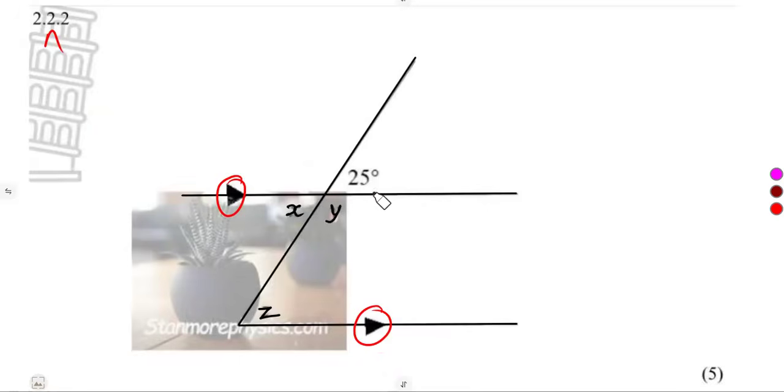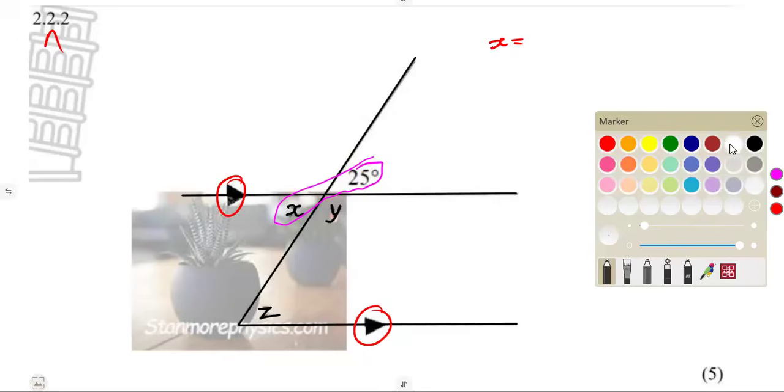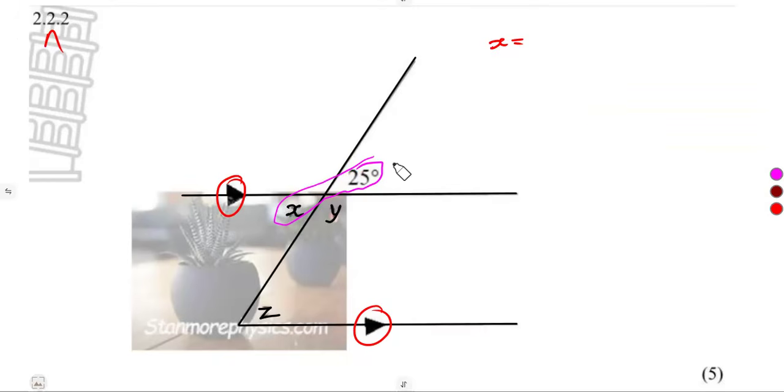And this is exactly what we are seeing between x and 25 degrees. Those are vertically opposite angles. So x is equal to 25 degrees. Vertically opposite angles. I'm just going to write in short.